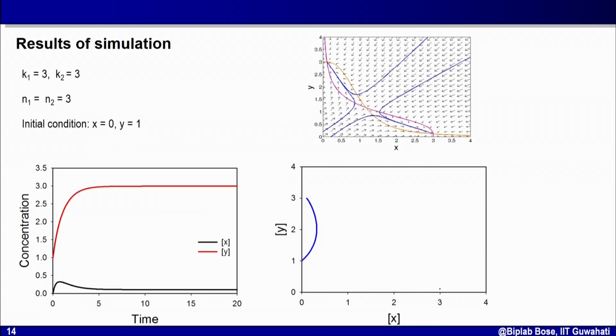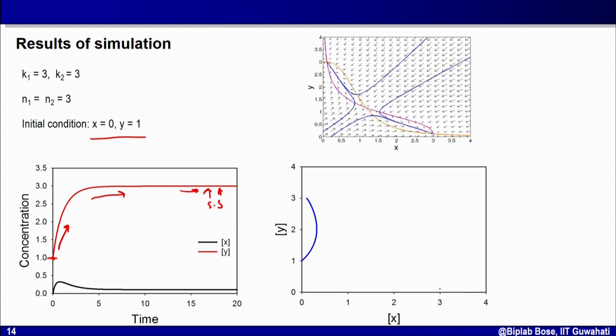Let us do the same numerical simulation, same code, but I change the initial condition. Now y is more. At t equal to 0, y is 1, x equal to 0. If I do the simulation in JSim, y, the red line, starts at 1 at t equal to 0, then it rises and saturates at a steady state at a higher value, that is 3.